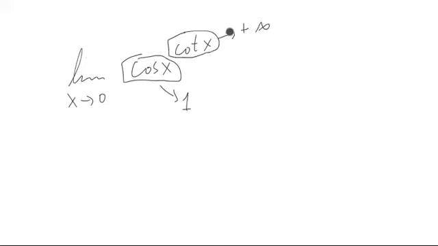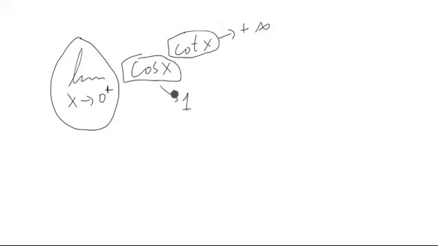If you think about it, it's cosine over sine, and your sine is going to 0 through positive numbers. At least if you're on the, we really should do this from one side. The limit as x approaches 0 from the right side, and that would make it work. Okay, yeah, so really this should be a one-sided limit to really make the cotangent go off to positive infinity here, I guess, in this particular case.